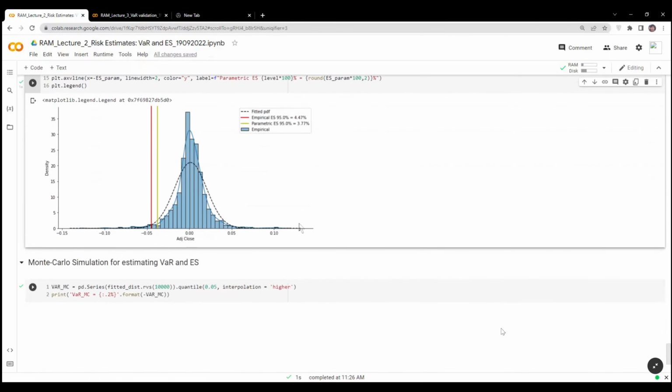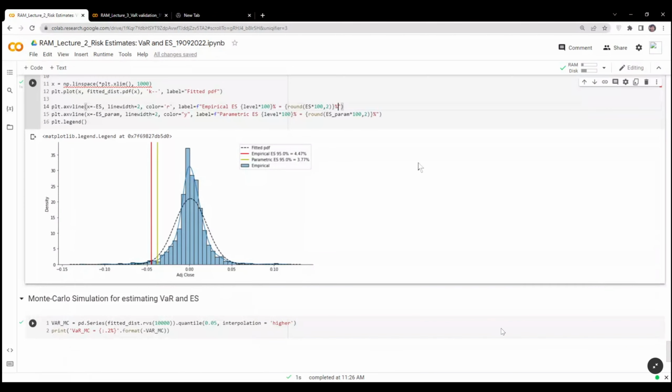At the same time, if we talk about the expected shortfall, I can clearly see that the parametric estimate from the normal distribution leads to an underestimation of the risk, because the empirical estimate is much higher than the theoretical one implied by the normal distribution.